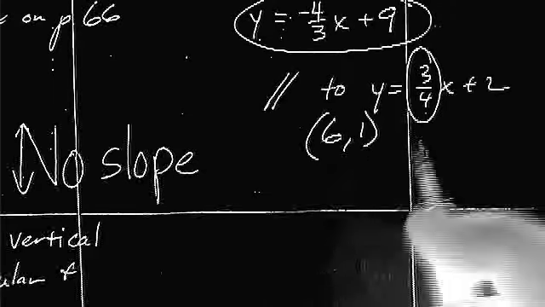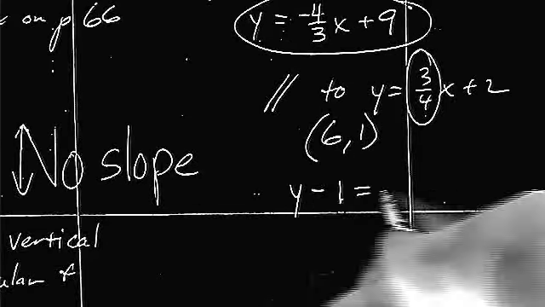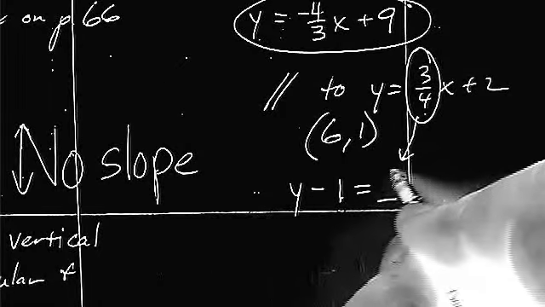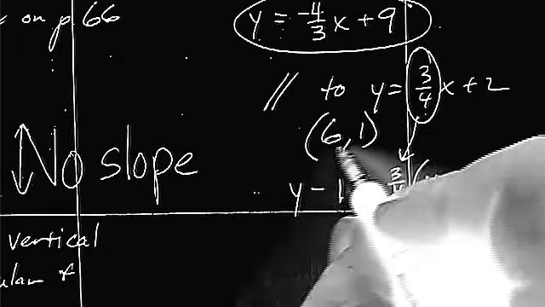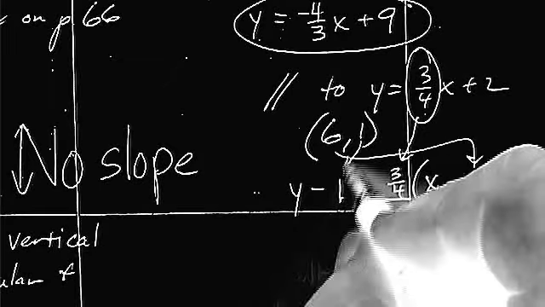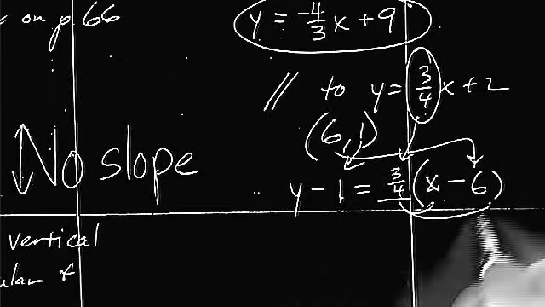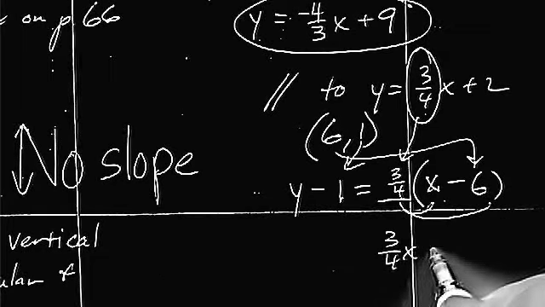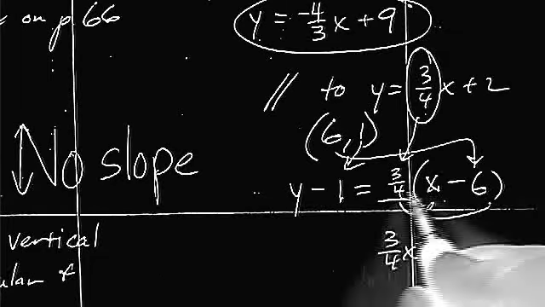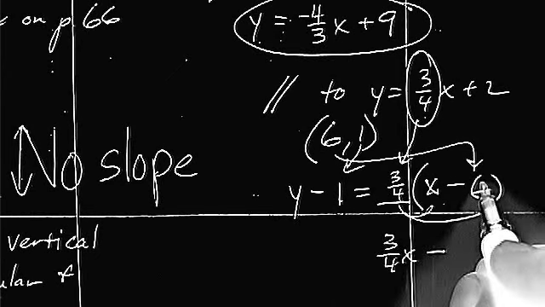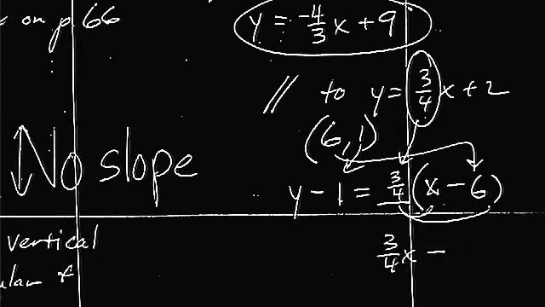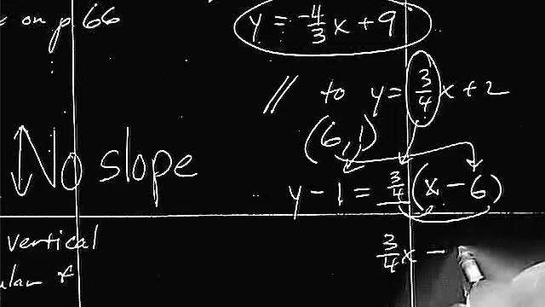So here's the slope, here's the coordinate, and so I can write my equation and put in my slope and put in my point. 6 goes there, 1 goes there, and so then I distribute 3/4 x minus 6 divided by 4. Ooh, that reduces, right? I think that's 4.5 actually.